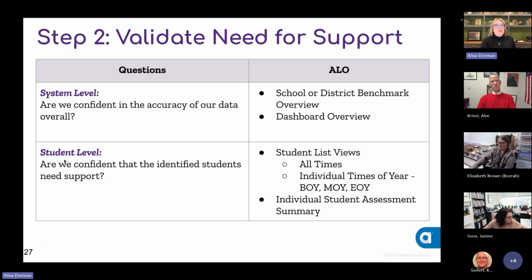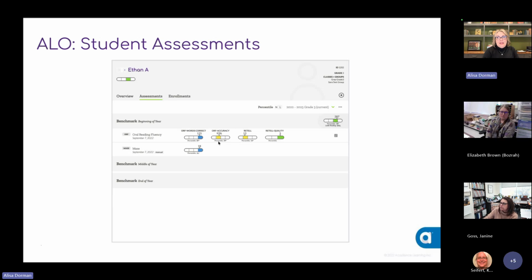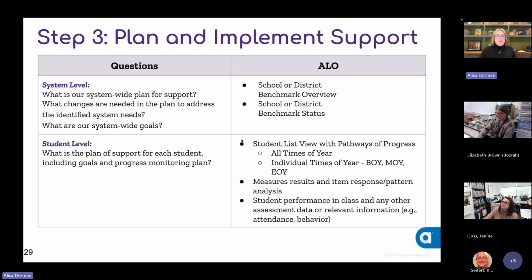Then for step 2, for validation, again, you can go in and drill in a little bit further, and you can see the individual measures. Maybe we would need to go in and check again this student who had an accuracy issue, maybe a retell issue, and you could administer progress monitoring to those students.